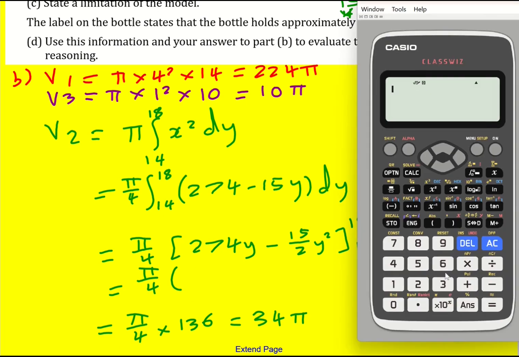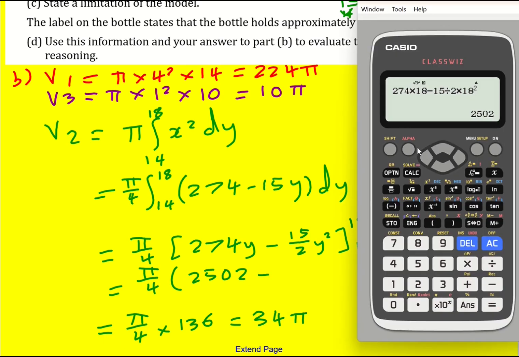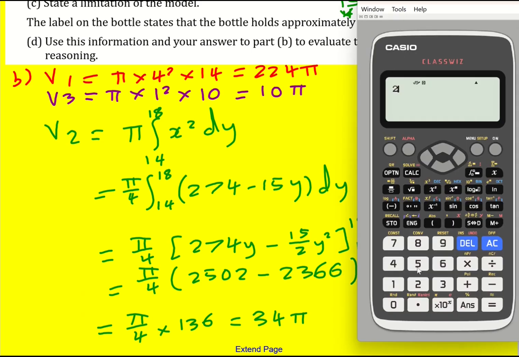So then 18. Two, 502. Just press back and change it to 14. 2366. 5 by 4, and we get back to 34 pi.